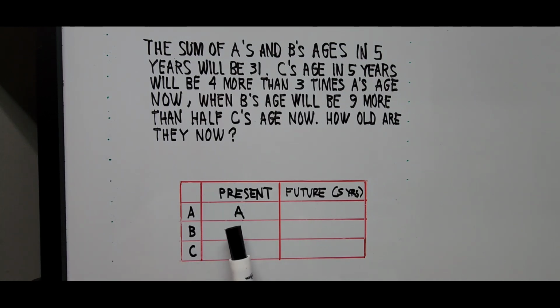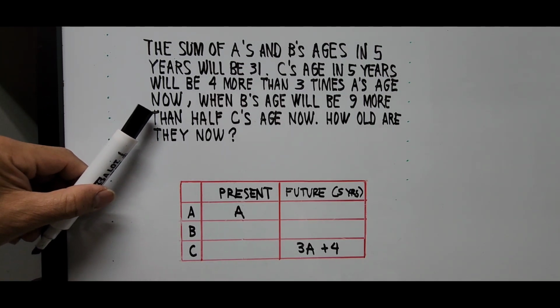A's age now is A, that's the present. And C's age in the future is 3 times A, that's 3A, then 4 more, so plus 4.